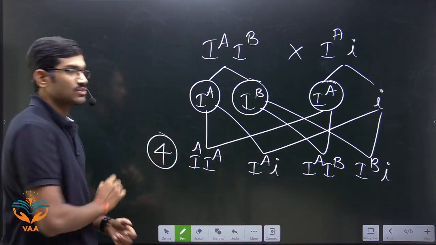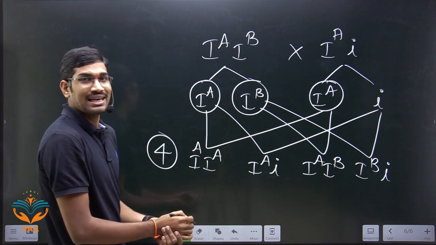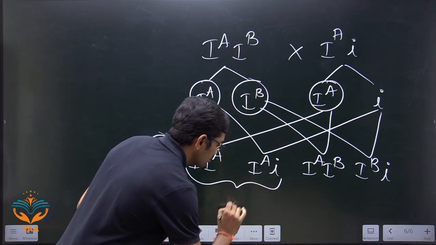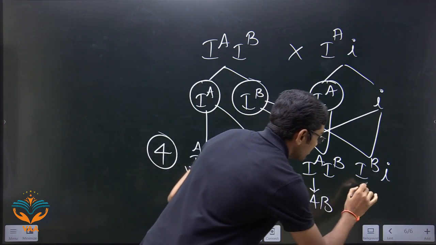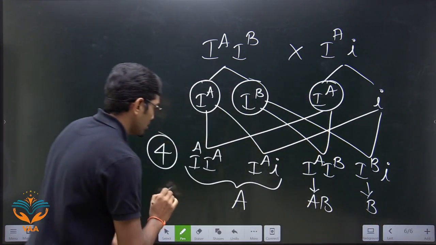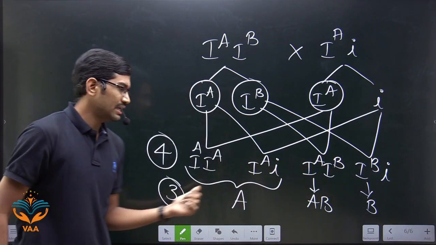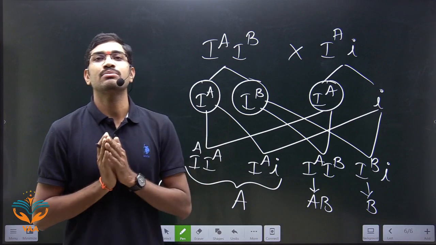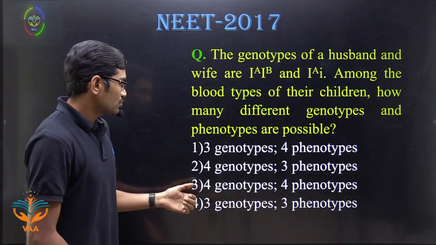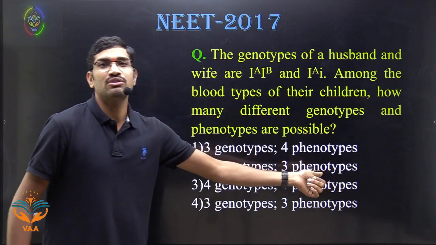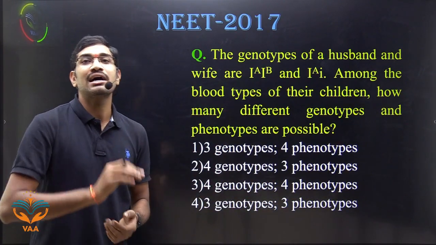IA IA is A blood group, and at the same time IA i is also A blood group. This one is AB blood group, and this is B blood group. So 4 different genotypes and 3 different phenotypes were obtained. So where is that option? Here: 4 genotypes, 3 phenotypes. This is the correct option. So the answer for this question is option 2.